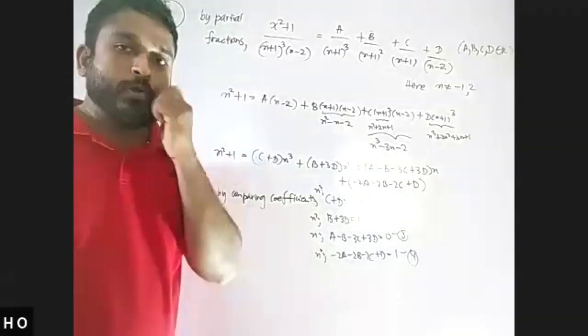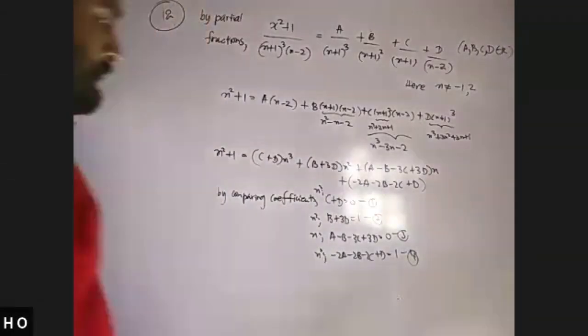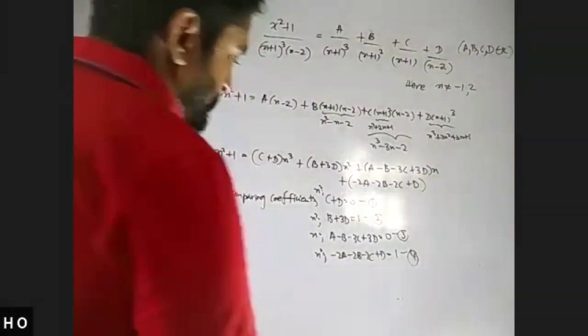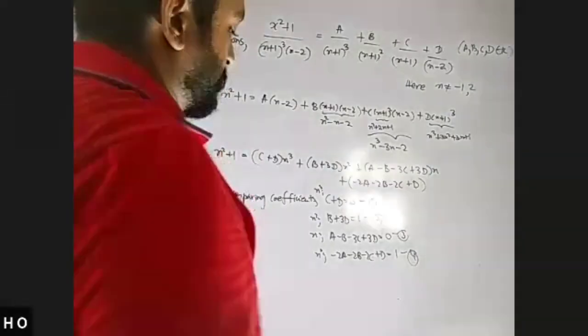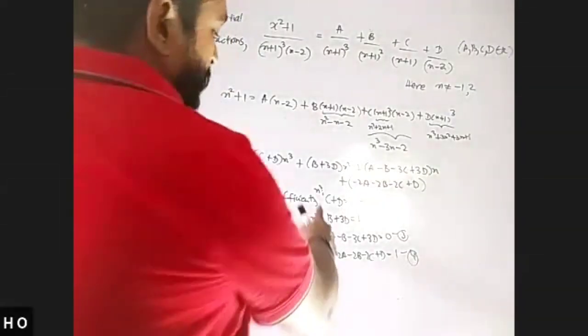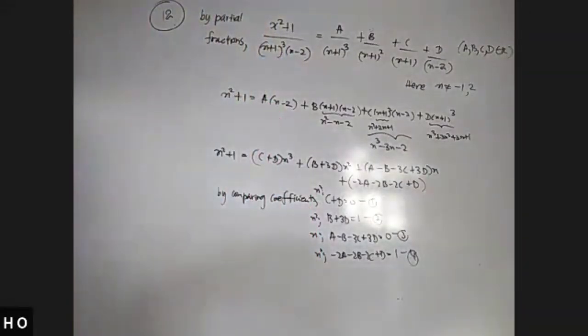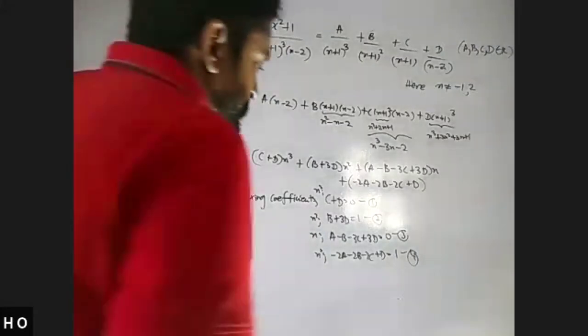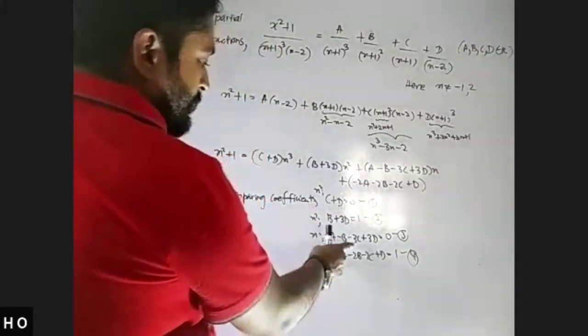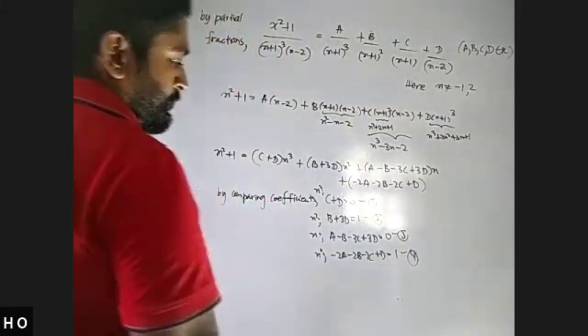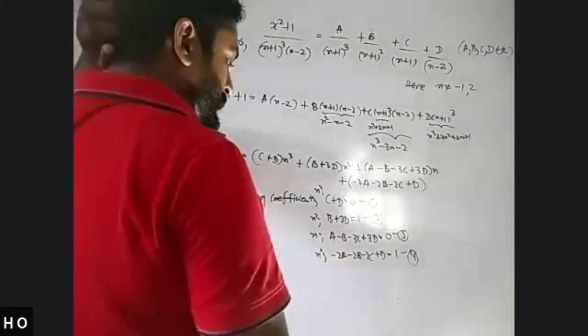Now, in solving this, here you have C and D, here you have B and D. I can get rid of D to have B and C only. So in terms of C and B for everything.